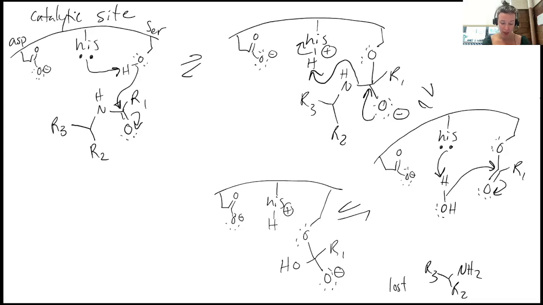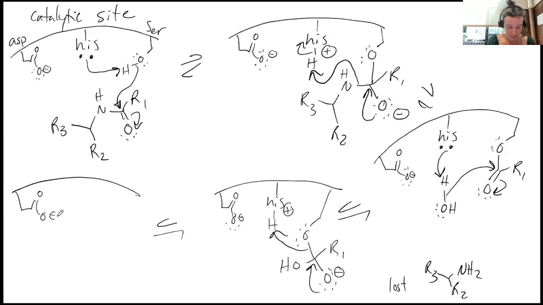So let's do it. If we collapse back down this tetrahedral intermediate, we can break the bond between the carbonyl carbon and the serine if that R group leaves as OH, because that is a nice, stable leaving group. And let's see where that gets us. Histidine has again been deprotonated.